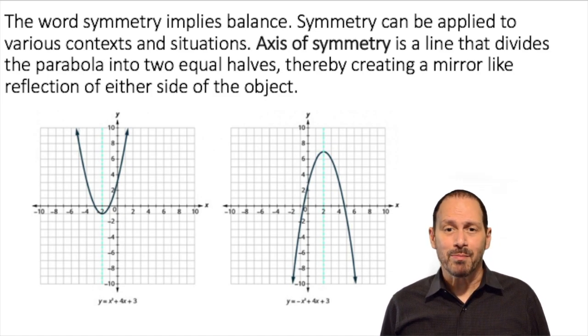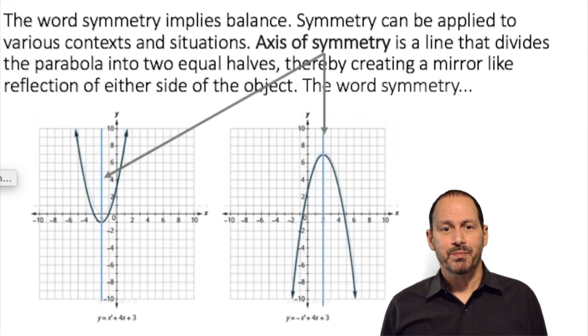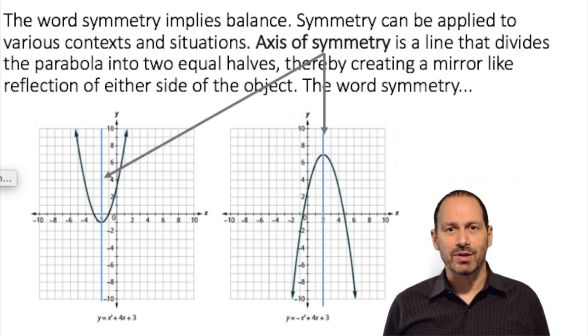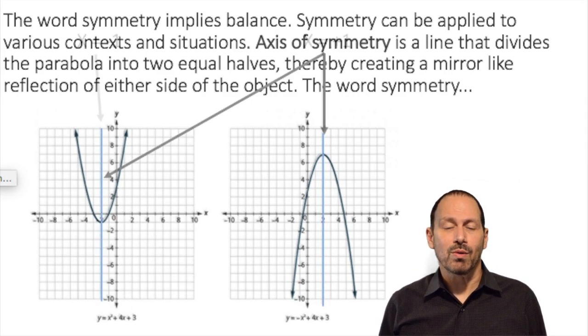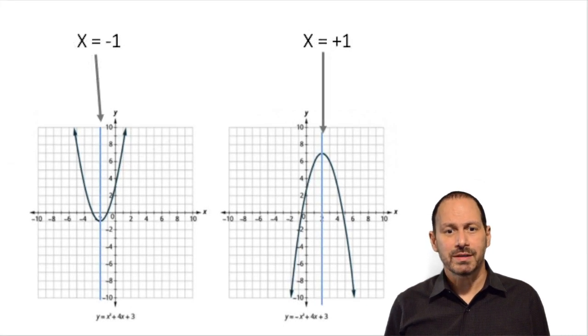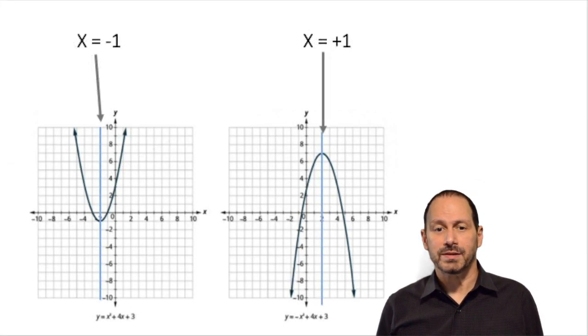In these examples that we have here, you can see the axis of symmetry. See the line that goes right to the vertex and divides the parabola into two equal halves. The equations are x equal -1 and x equal 1.